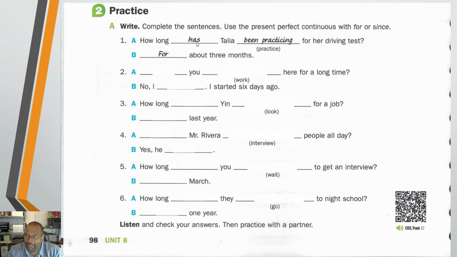How long has Talia been practicing? So the word here is practice, right? Been practicing, ing, for her driving test. Answer, for about 3 months. All right, we use for because we're talking about periods of time.